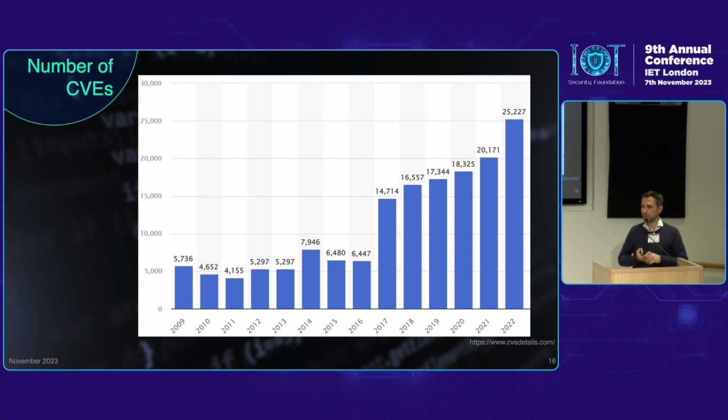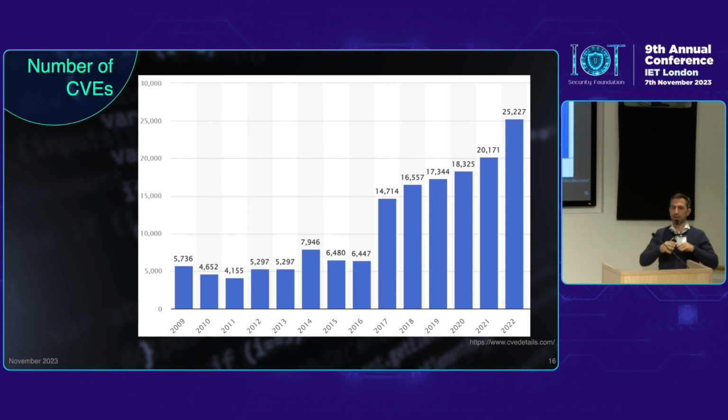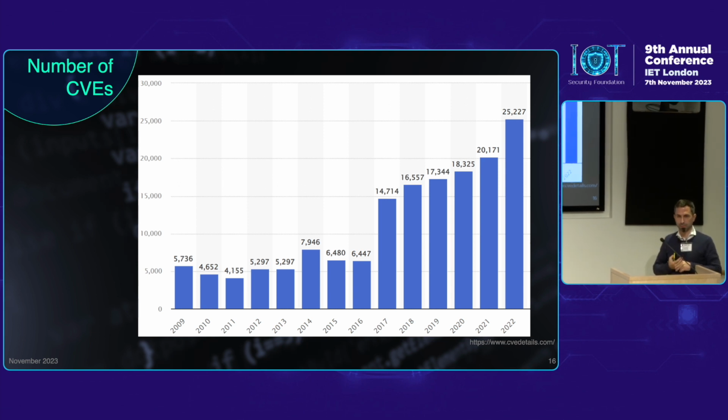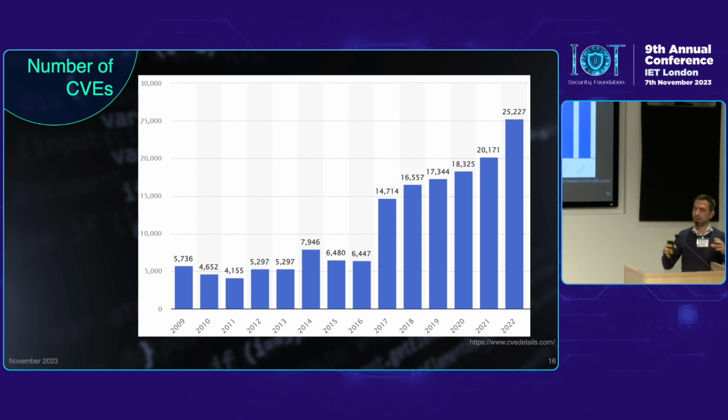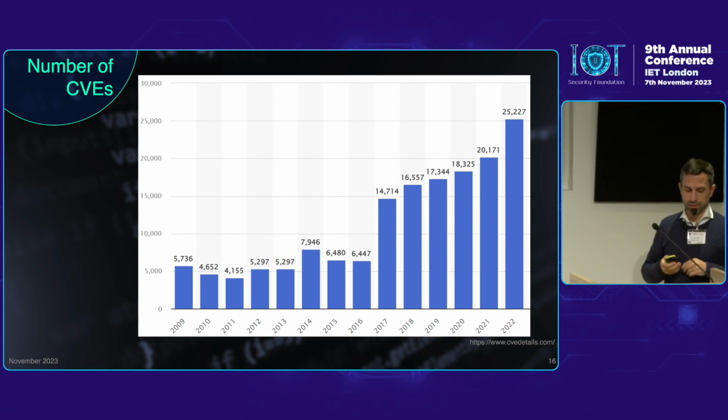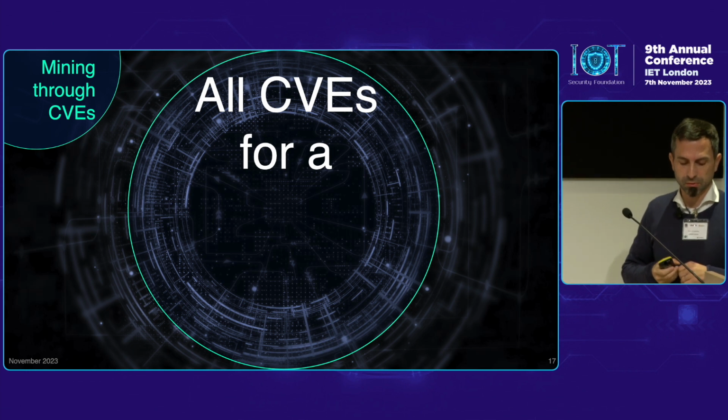And this number will likely be exceeded this year as well. So we have a massive amount of vulnerabilities. We have potentially hundreds of dependencies in our connected devices. So we need to somehow merge this information and bring it together.